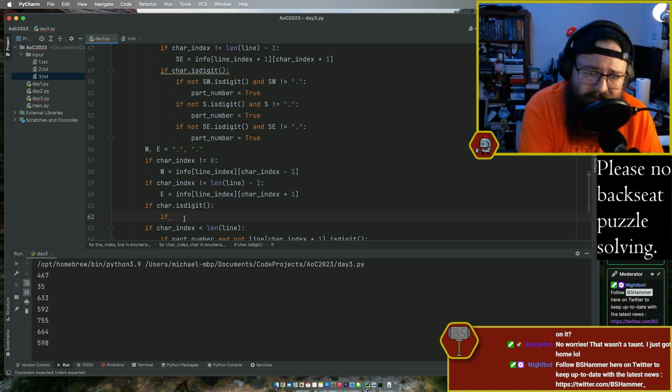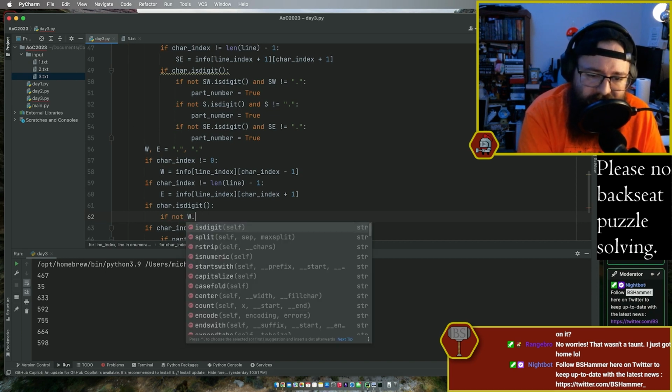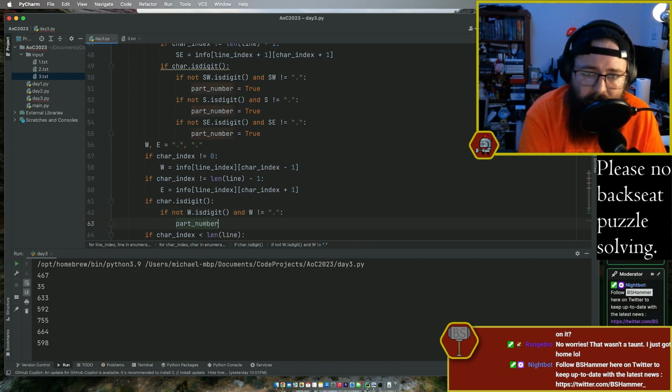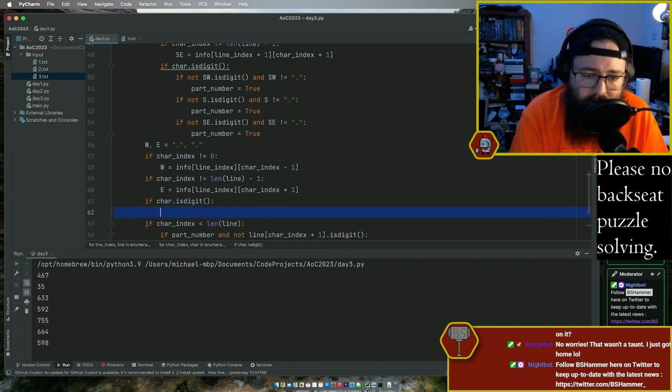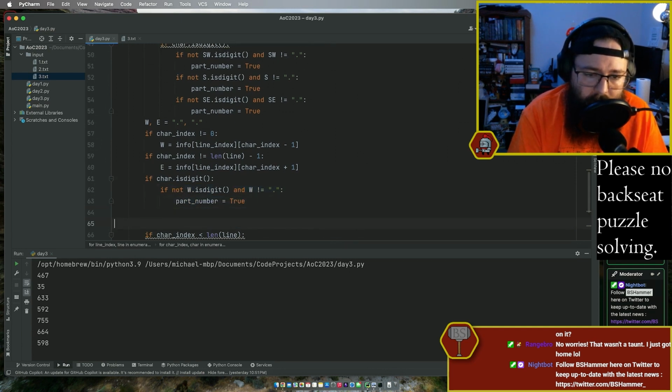Okay, so if it's a digit, then west dot is digit, and west not equal to period, then part number, and also.